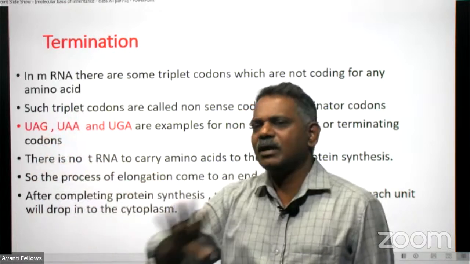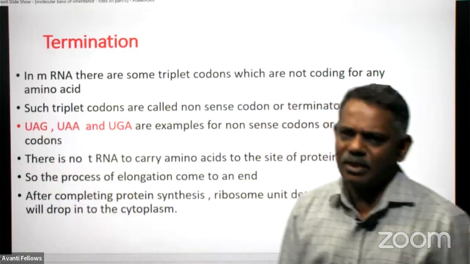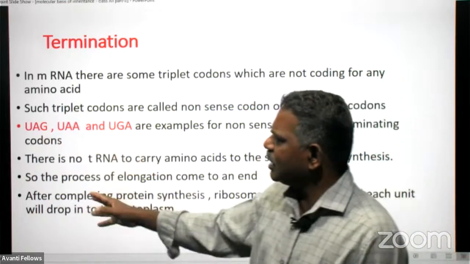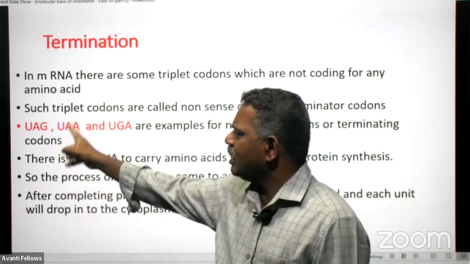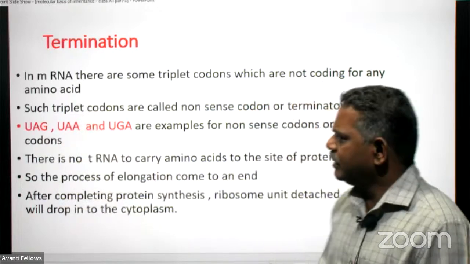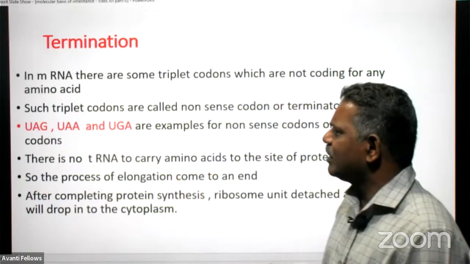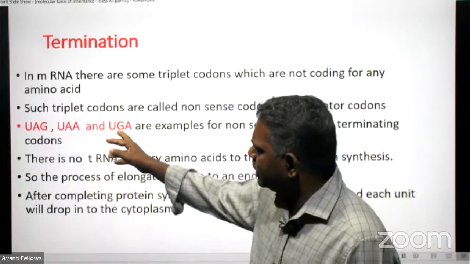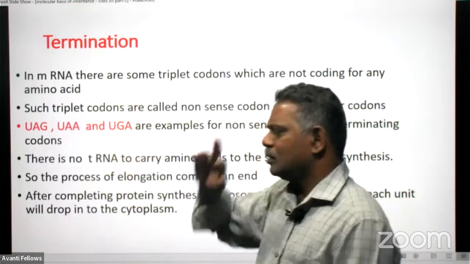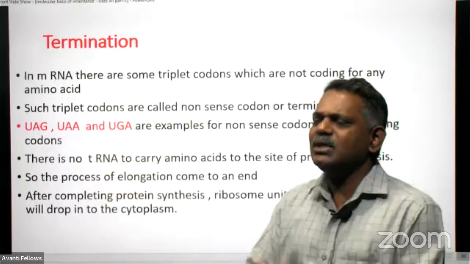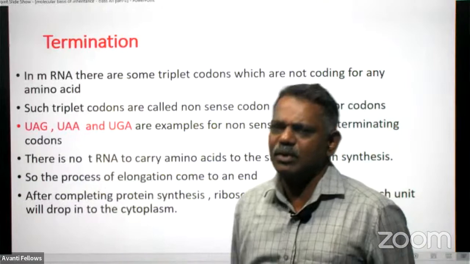Such a type of tRNA is not at all there in the cell cytoplasm. And there is no tRNA having the anticodon AUU, and no tRNA having ACU either. So there is no tRNA to bring any kinds of amino acids.